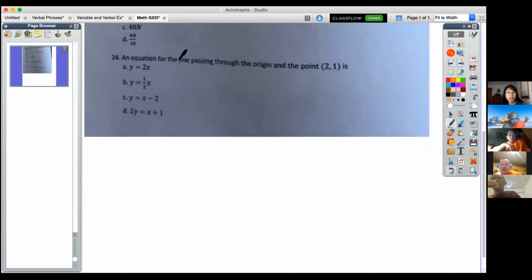Do you know the word line? Do you know the word line?